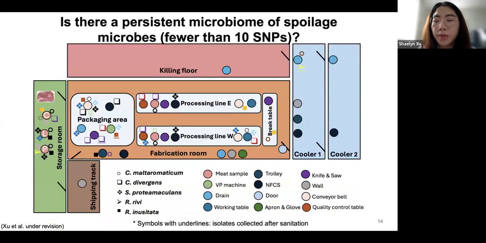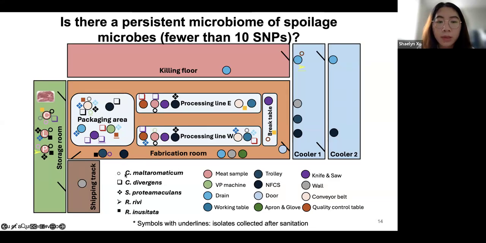So this figure represents the repeated isolation of those 5 targeted spoilage-related species across the processing facility. And we used a stricter threshold to determine whether they are the same strains or not. So FDA used 20 SNPs and we used 10 SNPs. Different symbols represent the different species.